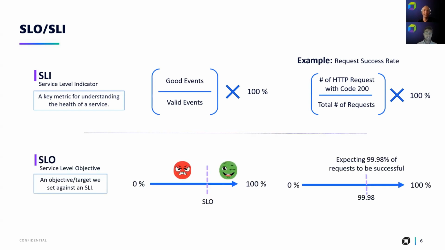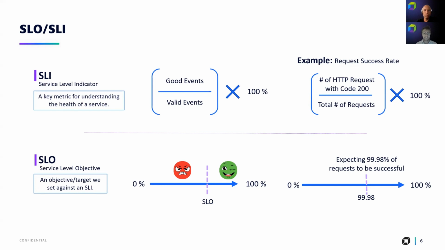Now up to the SLO, which is really about taking this indicator, this metric, this indicator of health, and giving it a target, right? In this use case, we're looking at when the quality is good enough for me. What is my goal that I want to reach? What is also the error budget that I'm allowing myself to have, because we do want to innovate.